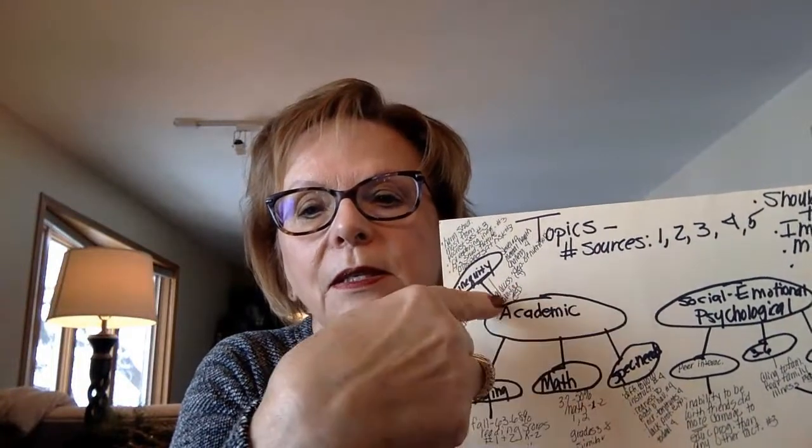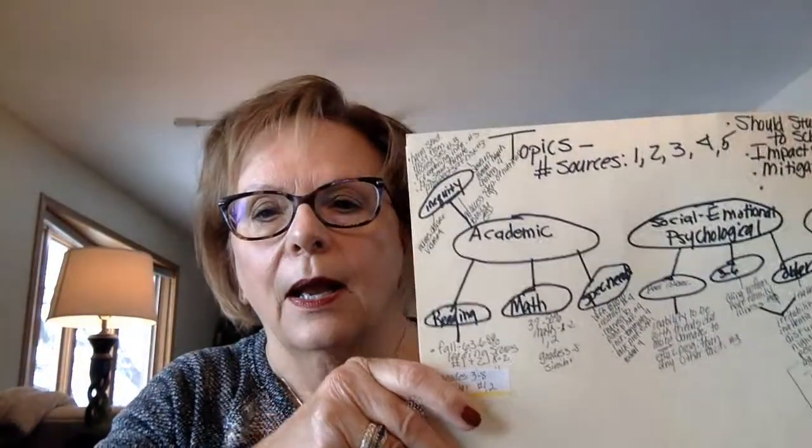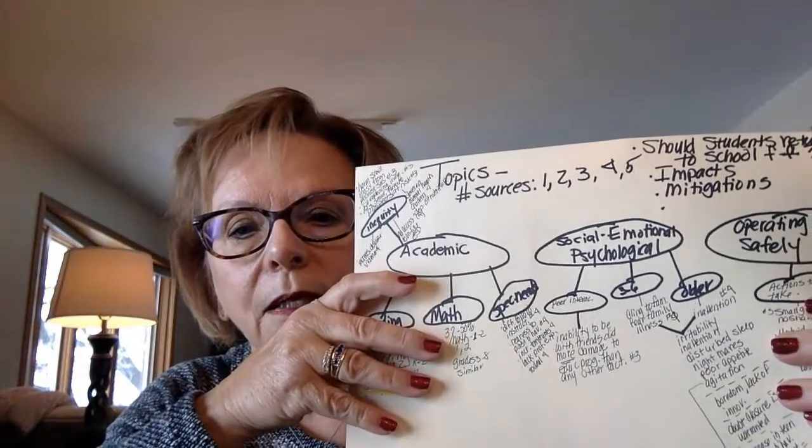They also had things to say about inequity. They talked about the fact that many of the emotional impact characteristics that they found were more prevalent in low SES students. So you can see how I organize this.